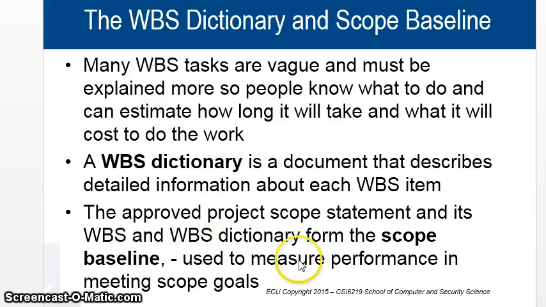Basically, the baseline is used to measure performance in meeting scope goals. So we wanted this scope, we had a schedule for it, and this was supposed to be done by then. Now, did we actually do that? If we didn't, it's bad performance. If we did it and went on time, that means the project is very well quality maintained.